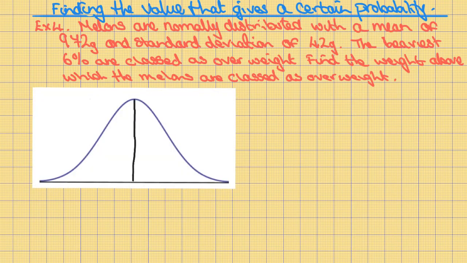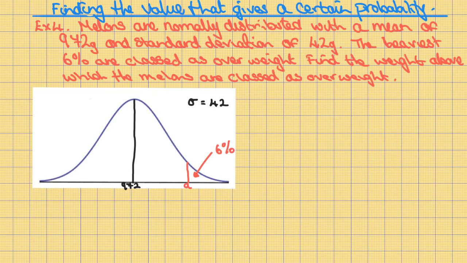The mean is 972 and the standard deviation is equal to 42. We want to find the value A, whereas the top 6% are overweight.